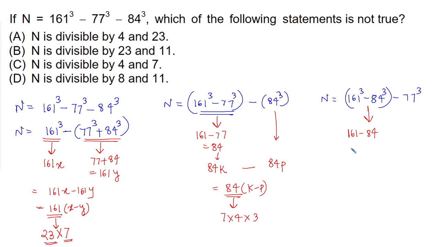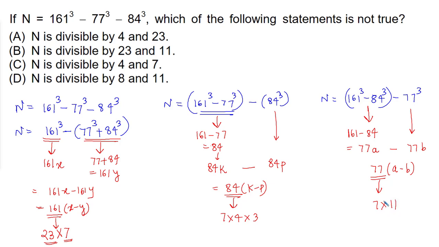So 161 minus 84 is 77, so this is a multiple of 77, and this is also a multiple of 77. A multiple of 77 minus a multiple of 77 is also a multiple of 77. So the value of n is divisible by 77. So 77 is how much? 7 into 11.